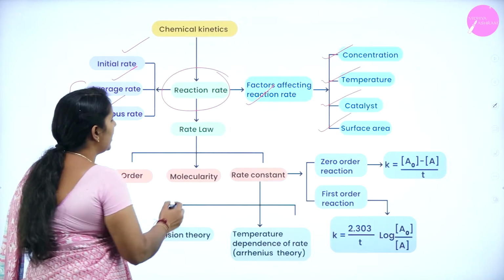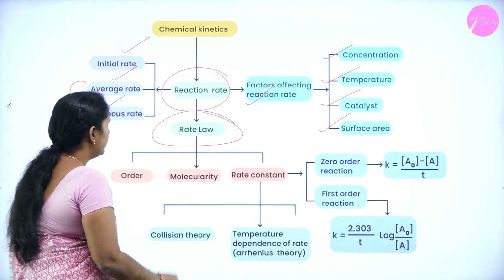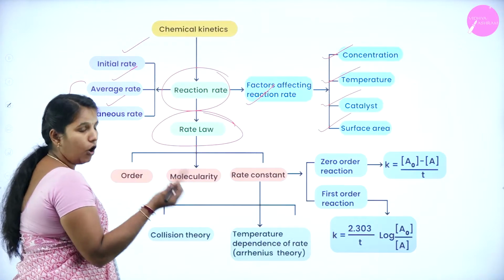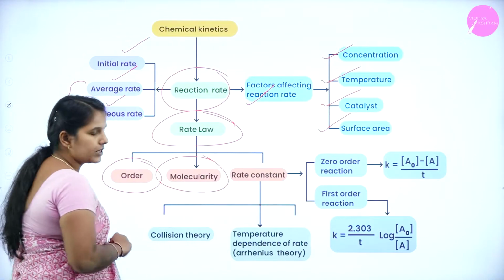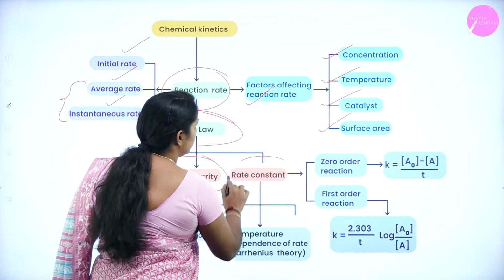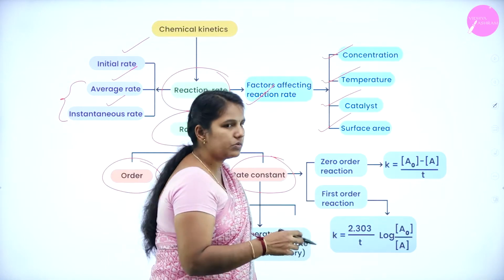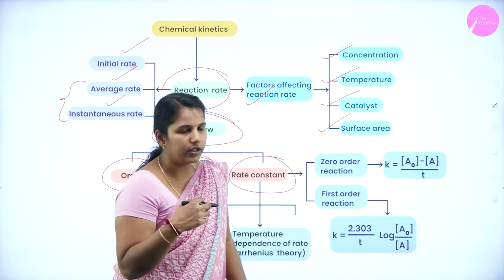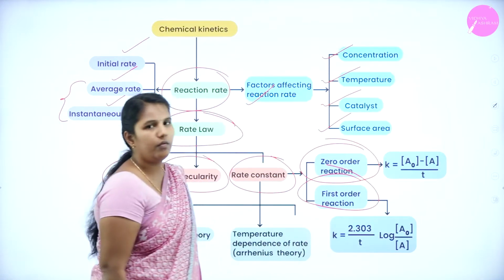Later, we are going to understand more about the rate law. In that, we are going to understand the order of the reaction, the molecularity of a reaction and the rate constant. In the rate constant, again, we are going to discuss the first order reaction, second order reaction and the zero order reaction.